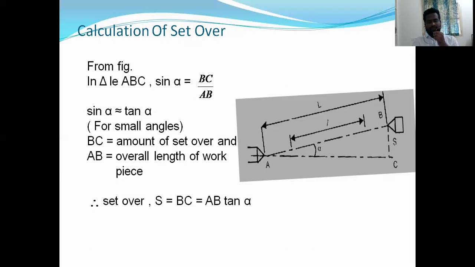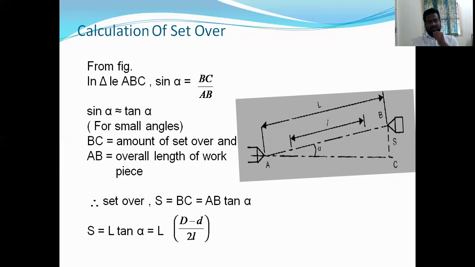Now, from this figure, S is equal to BC, and BC is equal to AB sin alpha, and sin alpha is equal to tan alpha, that means AB tan alpha. So S is equal to BC, that is equal to AB tan alpha. Now, AB means capital L, so S is equal to L into tan alpha.